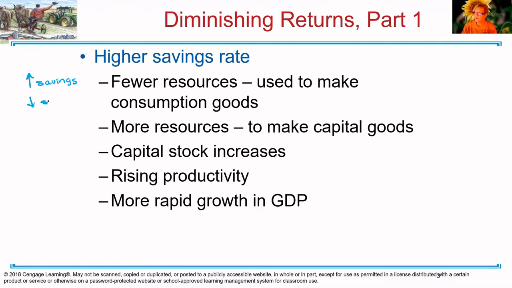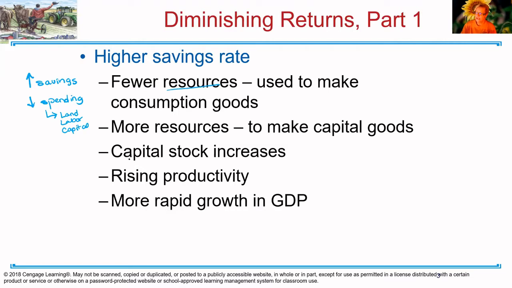So we're going to decrease spending. And when we decrease spending, that means that businesses need less land, less labor, and less capital. So essentially, we end up with fewer resources.